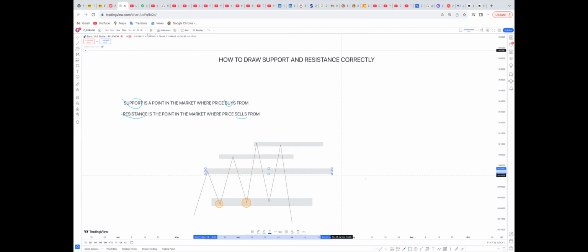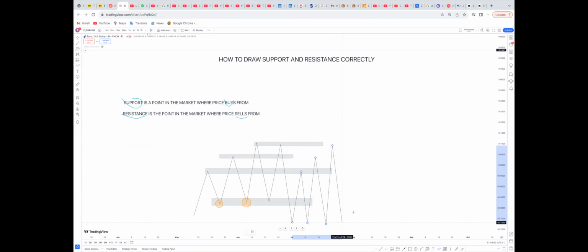So a lot of times your support or your resistance might not hold, right? But that doesn't make it completely invalid, right? Because even as market has done this, it's still very possible for market to come to this particular point right here and reject off, or come to this particular point right here and reject off.